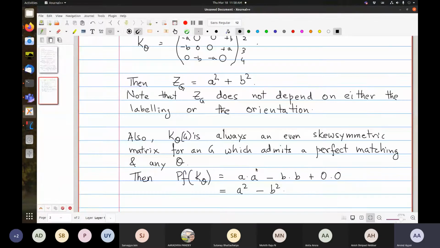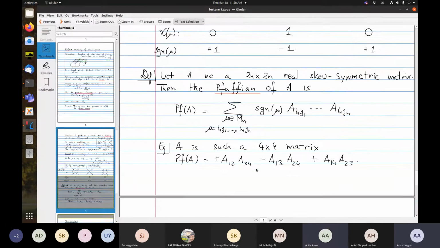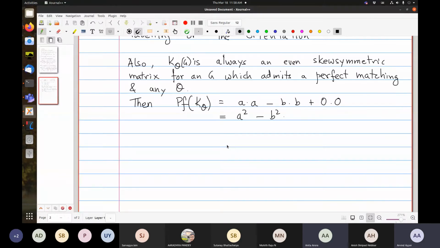Think about the definition of the Pfaffian and the definition of the dimer covering. So one can see a bijection between the terms of the Pfaffian and the perfect matchings. Corresponding to each perfect matching, we can have a term in the Pfaffian and vice versa. Yes. So that's the point.